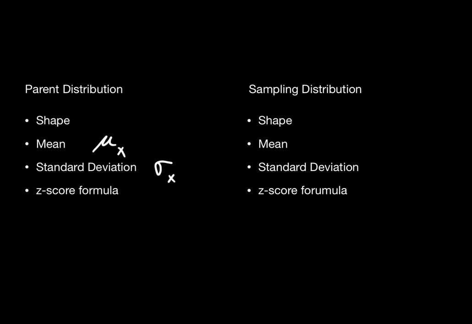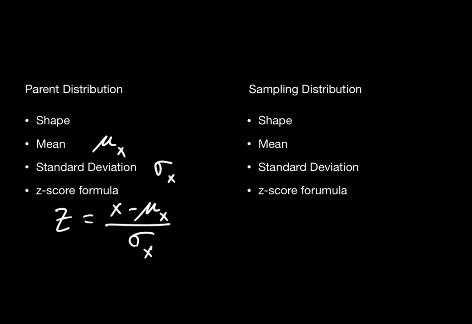And the z-score formula that we used was z equals a data point minus the mean over the standard deviation. And now just to be extra clear, it's minus the mean of x over the standard deviation of x. It should make sense, because if I'm talking about a data point x, then I want to subtract the mean of x from it, and then use the standard deviation of x.